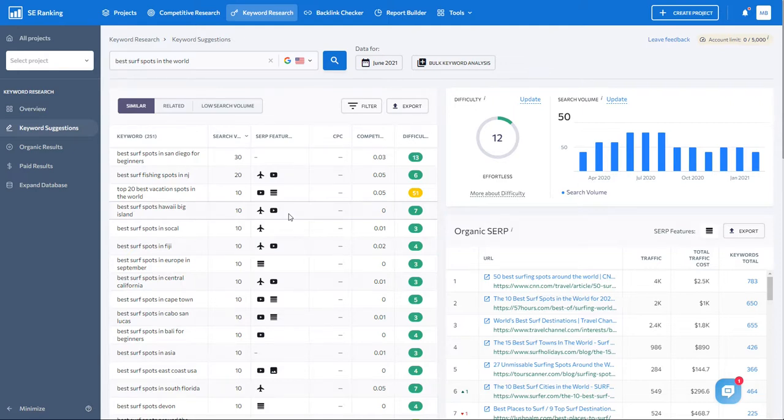I'm paying around 30 to 40 US dollars a month for this tool, as opposed to at least 100 for either Ahrefs or SEMrush. So I'm very impressed with this tool, and for the price, you're getting a lot of keyword ideas. I think it's going to be very helpful.